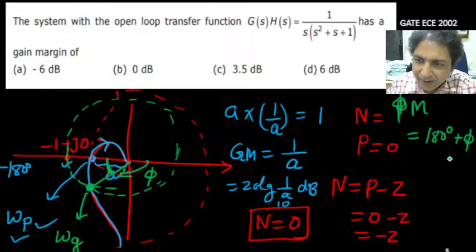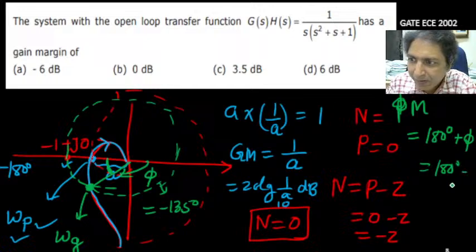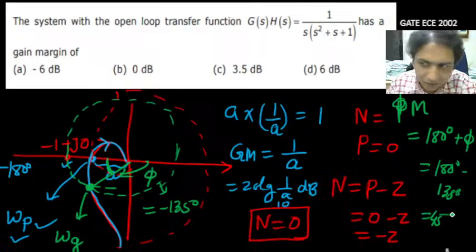Suppose phi is minus 135 degrees, then it will be 180 degrees minus 135 degrees, which is 45 degrees.